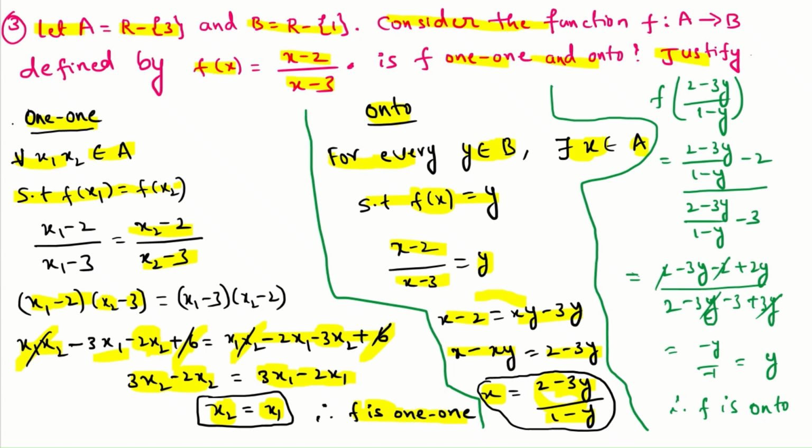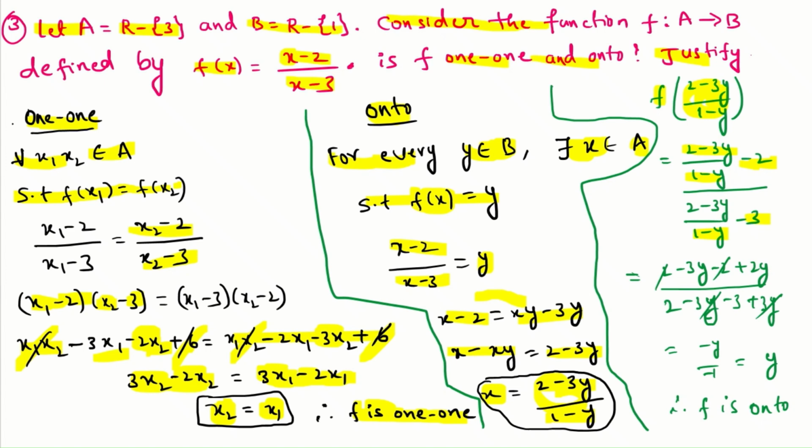Okay, then the x value we got, I am going to substitute in the place of x, that is 2 minus 3y by 1 minus y minus 2, divided by 2 minus 3y by 1 minus y minus 3. After taking LCM, the denominator will get cancelled.